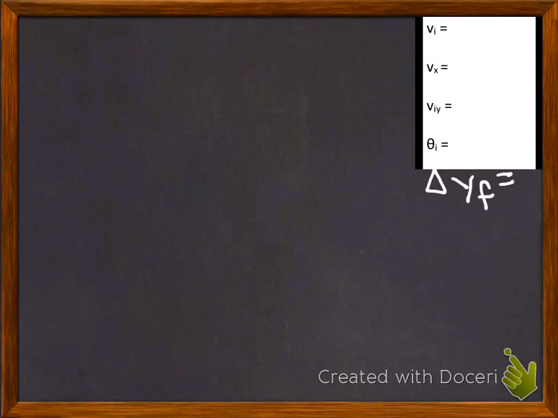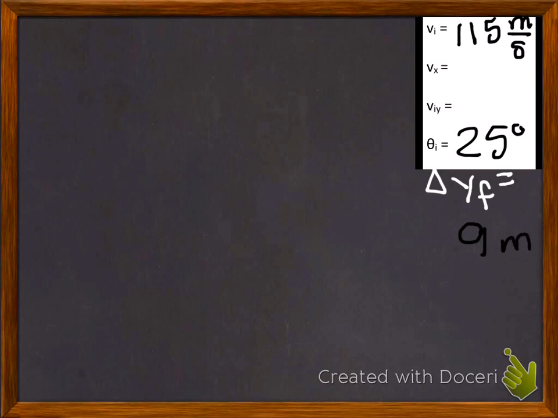So, we know that overall, the speed that this ball launches at is 115 meters per second. We also know the initial angle that it's launched at is 25 degrees. And the problem also tells us that our overall change in height, this delta YF, was 9 meters.